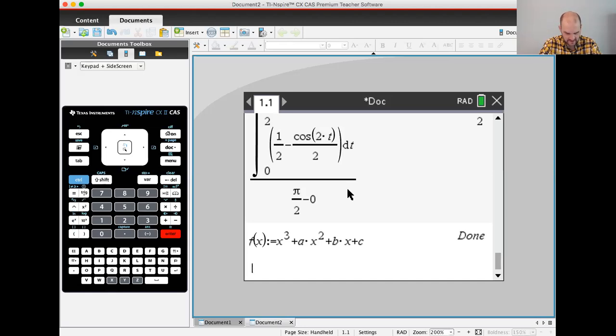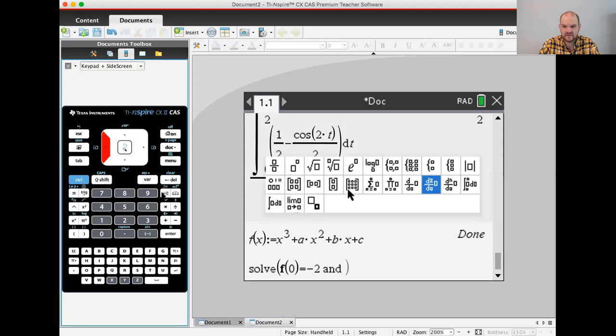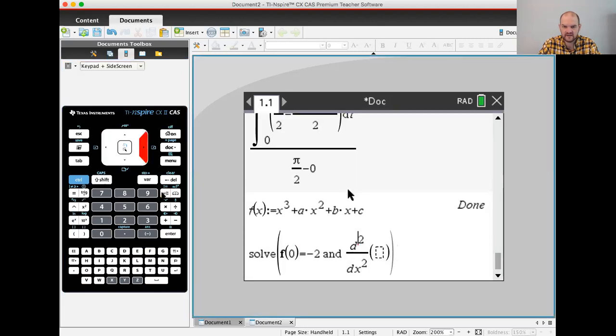So what did we do? We did kind of a solve. f of 0, and the second derivative with respect to x of f of x equals 0, comma a, and then outside I'm going to say such that x equals 0.